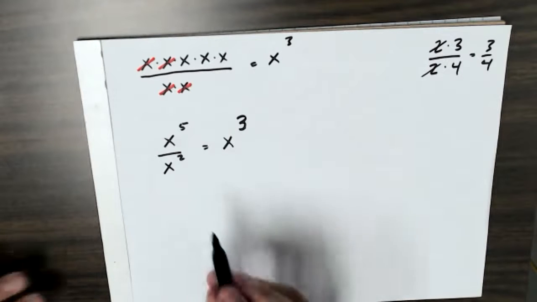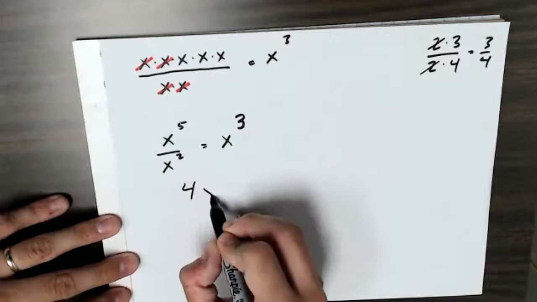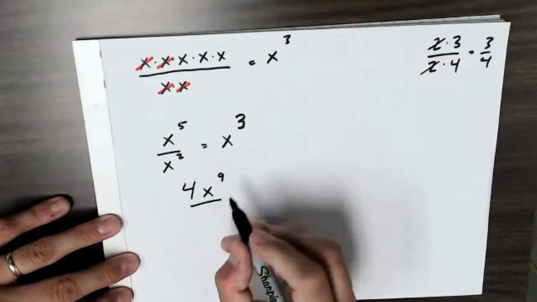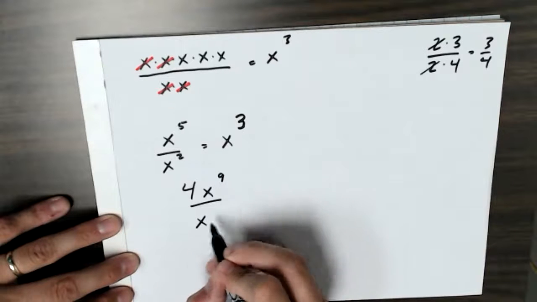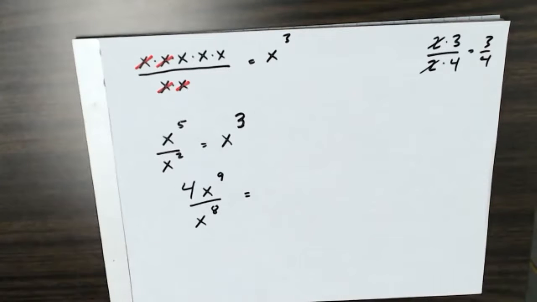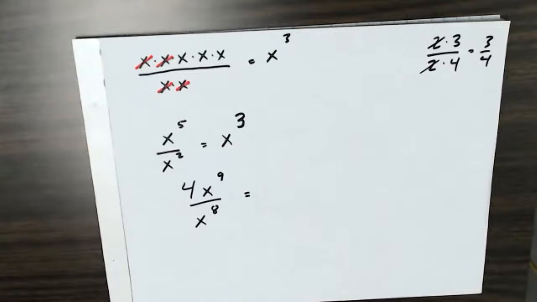So let's look at another one. Let's say we had 4x to the 9th over x to the 8th. Well, hey, that 4 has nothing to do, like, there's not a coefficient in the denominator for it to cancel out with.